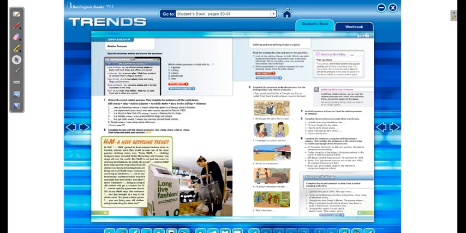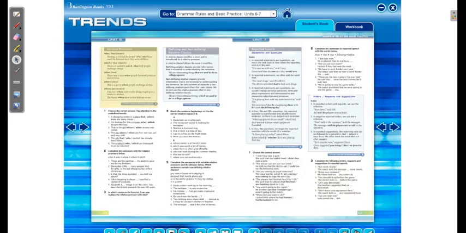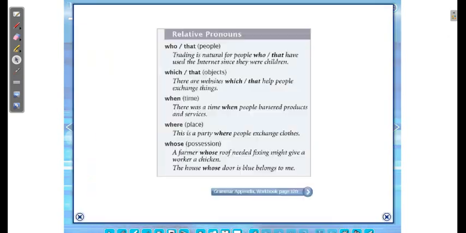If we go to the rules, we're going to check the rules for relative pronouns. Who and that, we use those for people, as we saw. An example can be: trading is natural for people who have used the internet since they were children. Which and that for objects: the websites which help people exchange things.